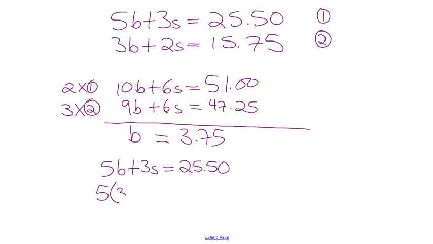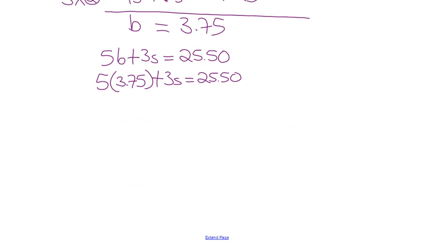Okay, 5 times 3.75 plus 3s. So what do we get? We get 18.75.